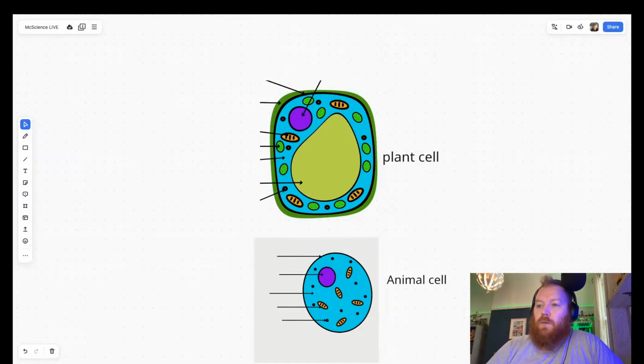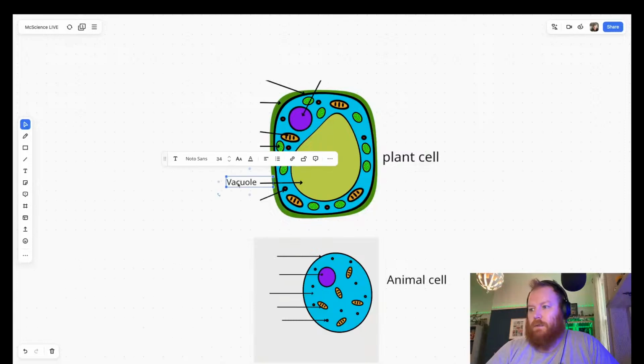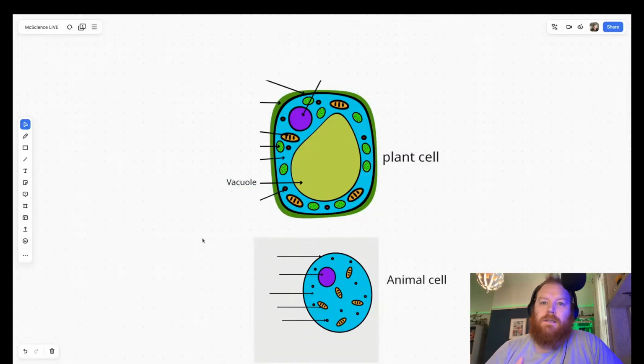For those of you following along on YouTube right now, this one here is our vacuole, and as you can see, I've just labeled that now so that it's in place. And as rightly stated on TikTok, we also have the cell wall and the chloroplasts.